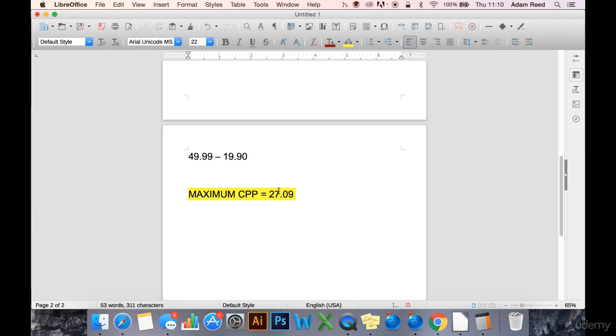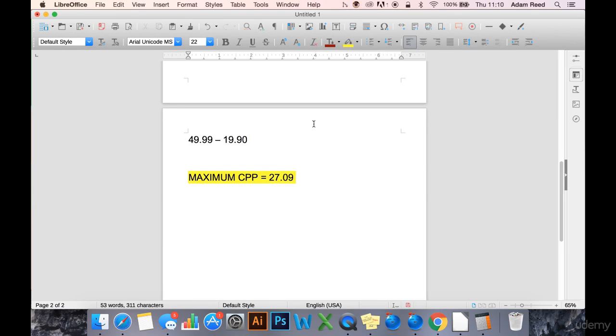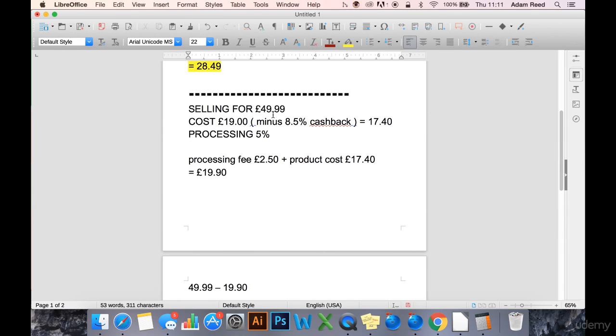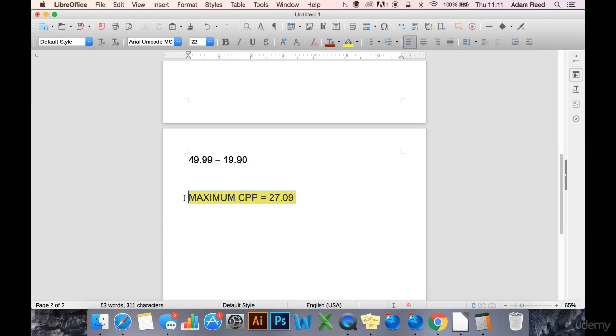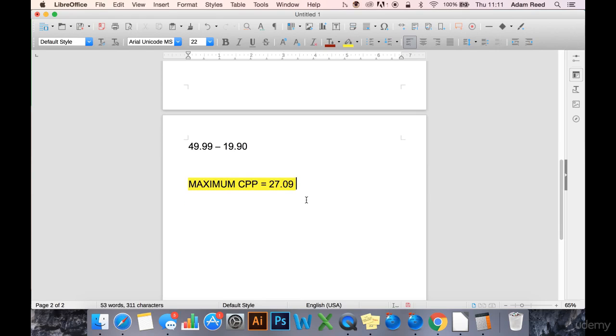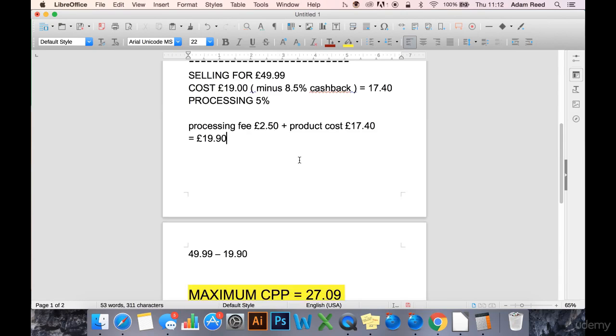So our maximum CPP, if we're running ads with a CPP of £30.09, we're breaking even. But I like to shave 10% off just to give myself even more room. We've already given ourselves some room with the processing fee and the bumped up cost per product. But again, I like to shave off 10% and say if I have a CPP of this, I'm going to kill the ad.